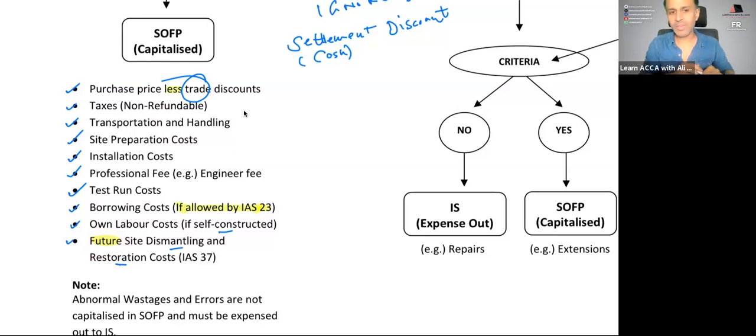We will look into this more in another topic later on, the topic of provisions, IAS 37. Future site restoration and dismantling cost is capitalized, but the computation part of it, the corresponding effect, will be studied in detail in IAS 37, chapter 13. IAS 23 we will work on next week itself, but this is going to be a little later, in chapter 13.